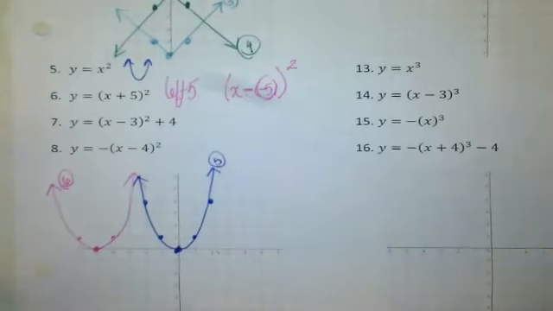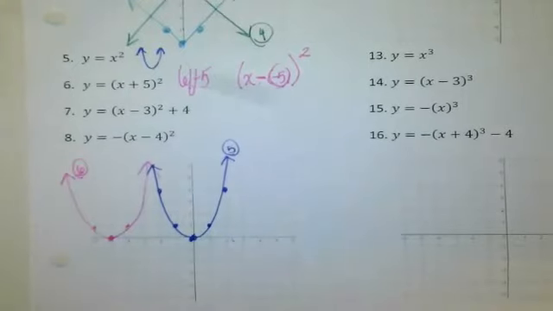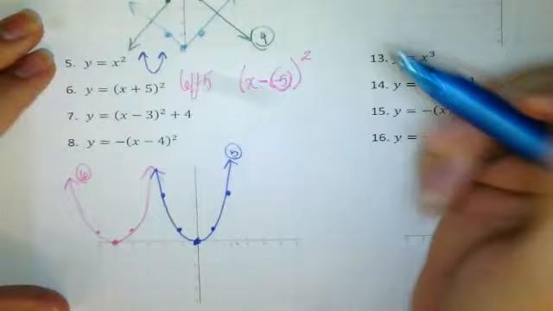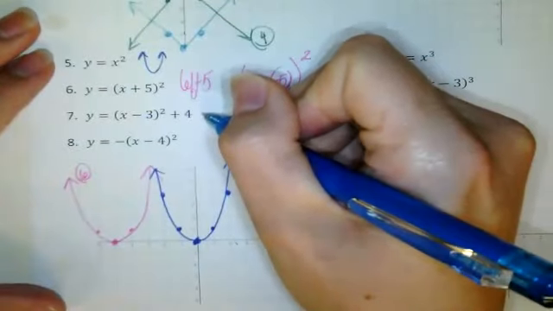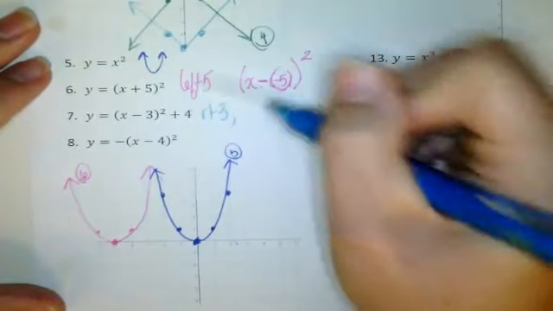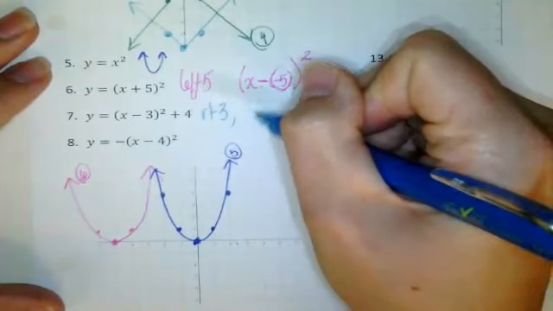On number 7, how many transformations are there? 2 transformations. What does that x minus 3 do to the graph? Right 3 units, good. And what about the 4? Up 4.